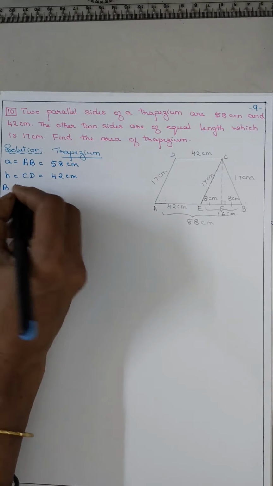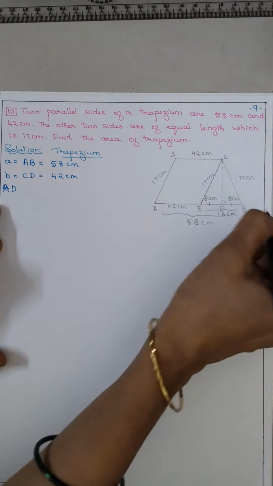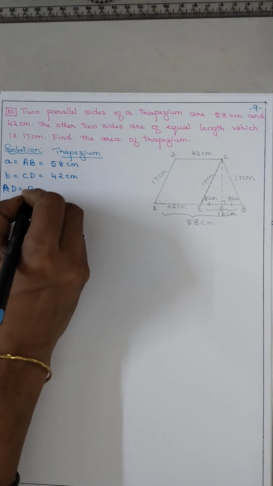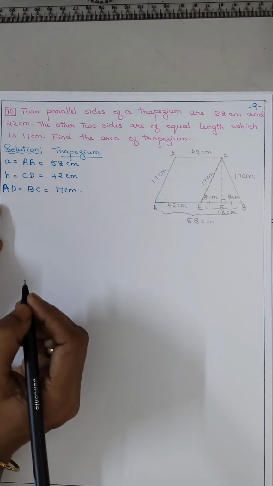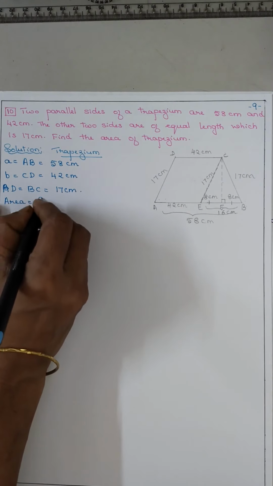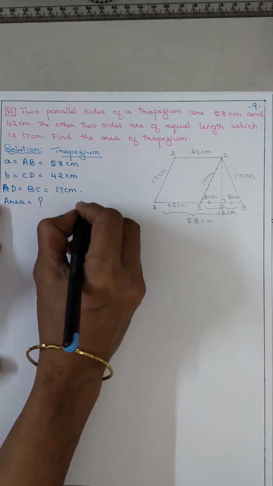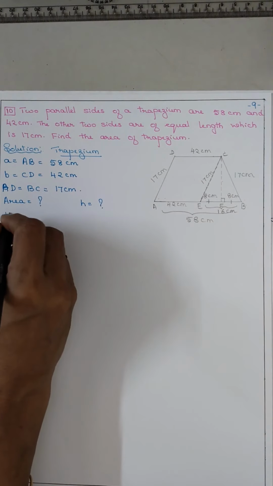Now AD is equal to BC is equal to 17 centimeter. They have asked you to find out area is equal to how much, but for that we want height. So first find out height is equal to how much. The first step is what?